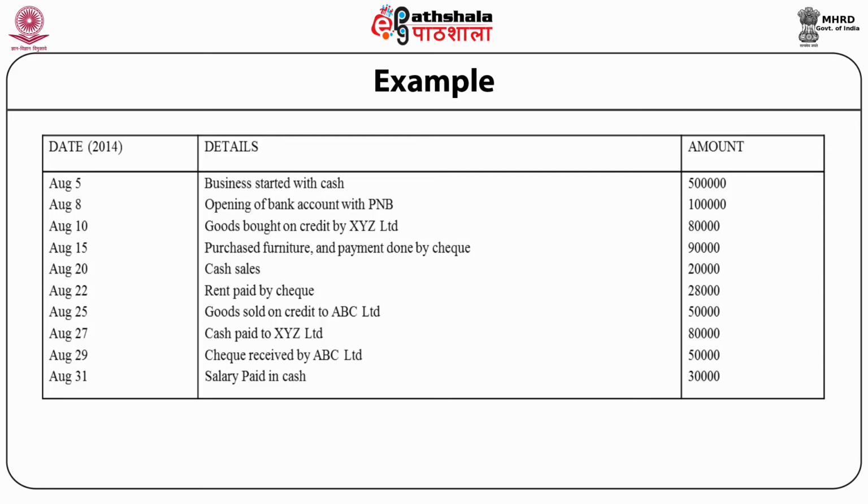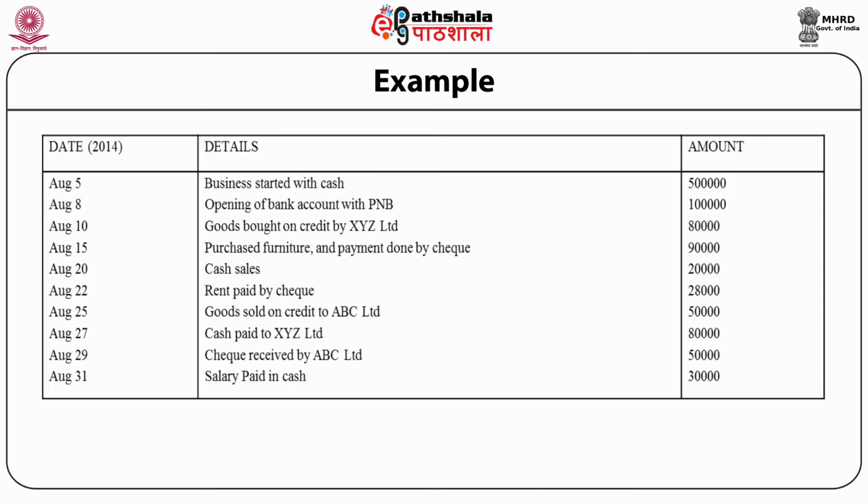August 20, cash account debit, rupees 20,000 to sales account, rupees 20,000. Summary, goods sold on cash. August 22, rent account debit, rupees 28,000 to bank account, rupees 28,000. Summary, rent paid by check.